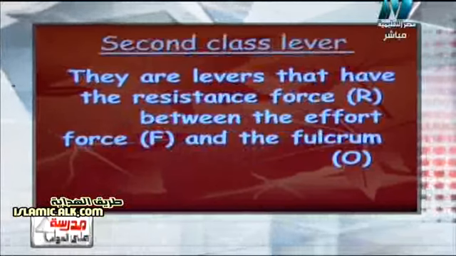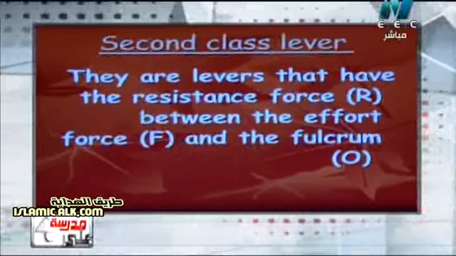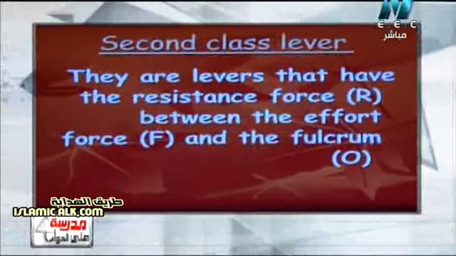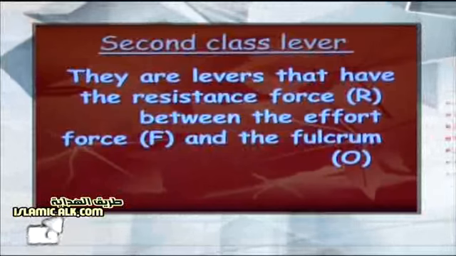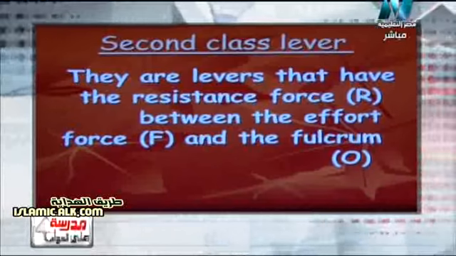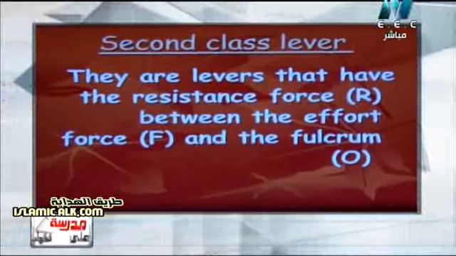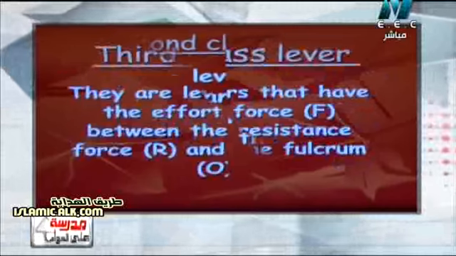In the second class lever, the resistance is between the effort force and the fulcrum, so the effort force arm is surely and always longer than the resistance arm. So the second class lever is the best type.